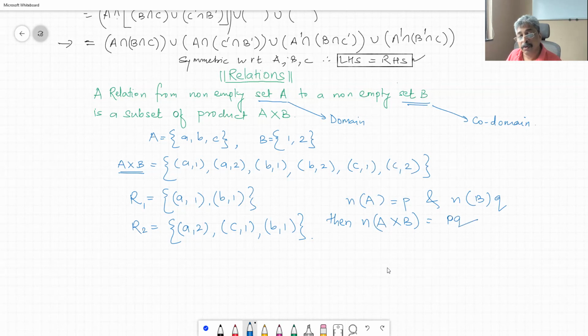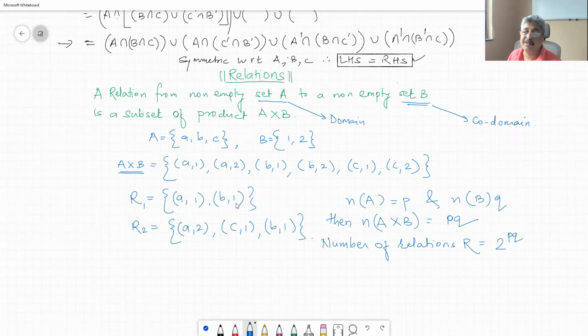P into Q. And number of relations, how many? 2 raised to PQ.